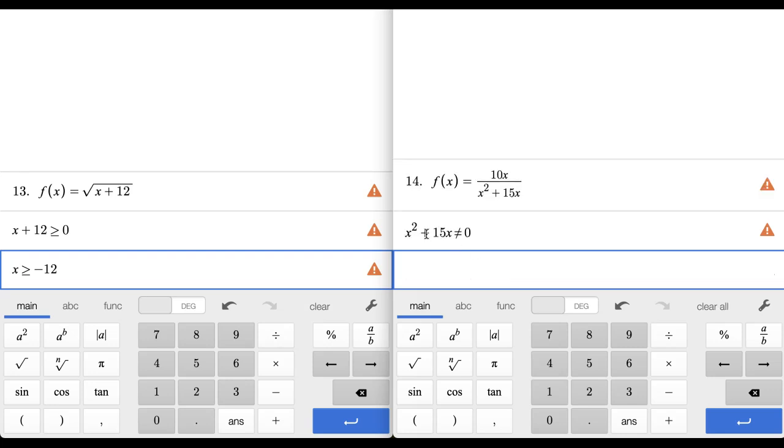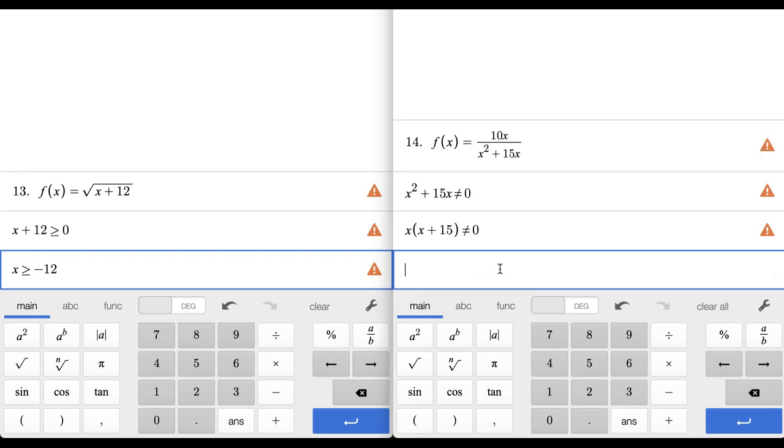All right, so we're going to factor this. We have a quadratic. You do have a common factor here, and x comes out. So this is going to be x times x plus 15. All of that cannot equal 0. And then you apply your zero product property.